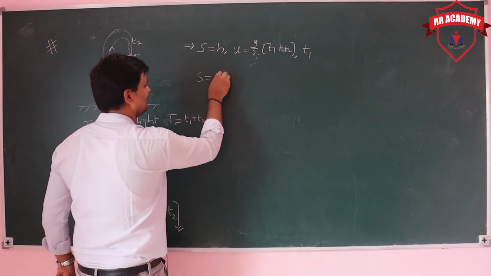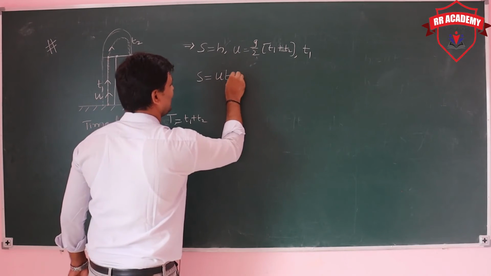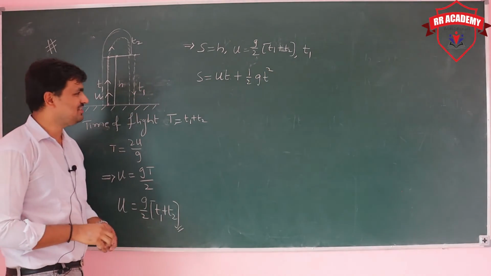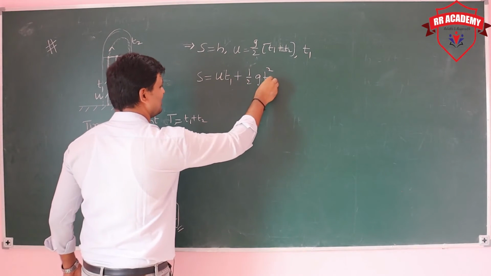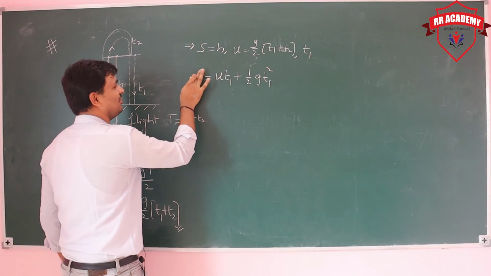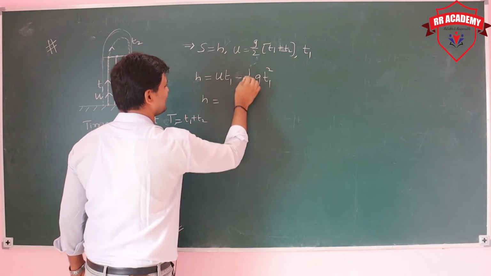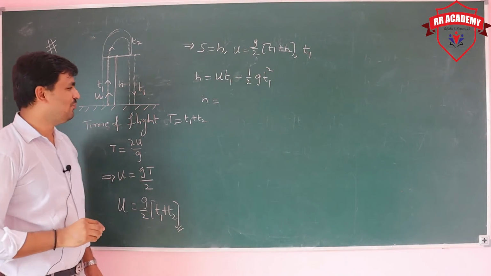Then s is equal to ut plus half g t square. So time I am considering as t1, and s you can take as h. Minus or plus? Here minus, because vertically upwards.